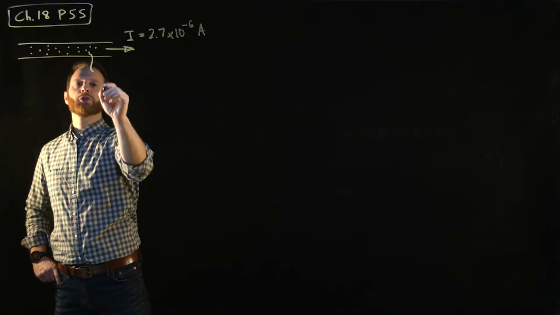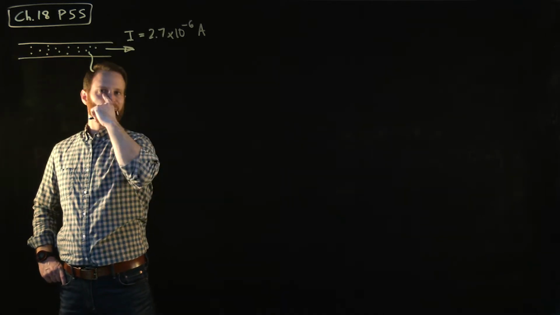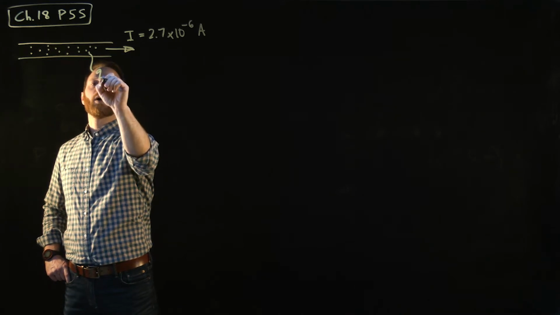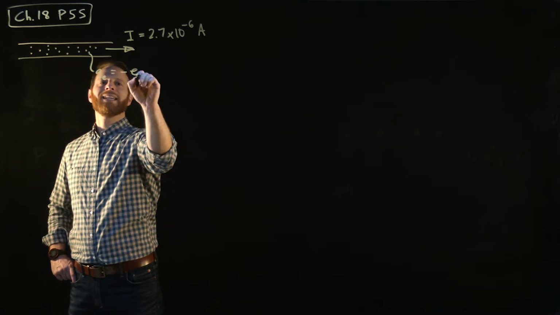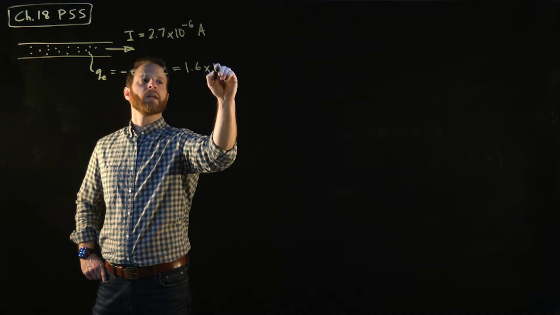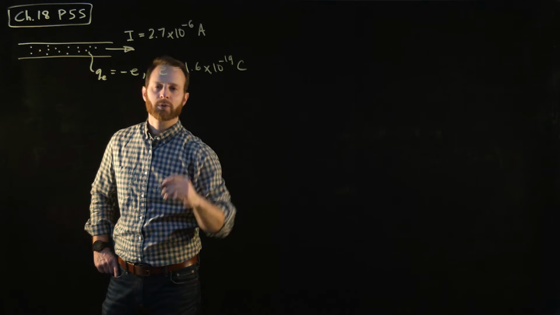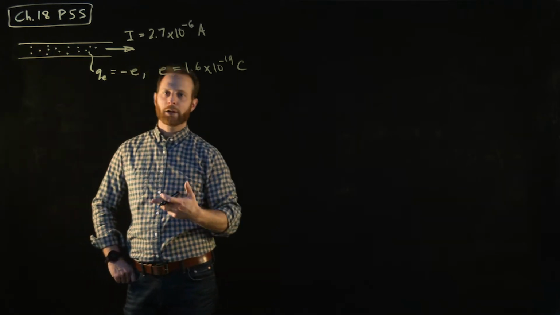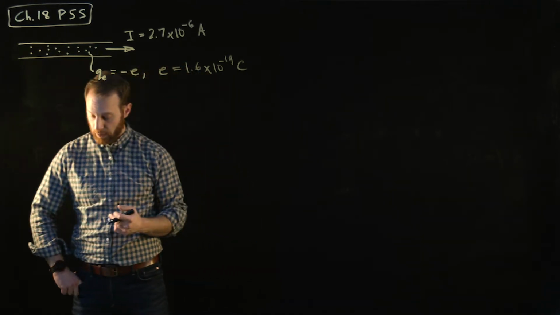Each one of them has a charge. The charge of the electron is equal to minus e, where e is 1.6 times 10 to the minus 19 coulombs. So a tiny amount of charge per electron, but then again there should be a lot of electrons.